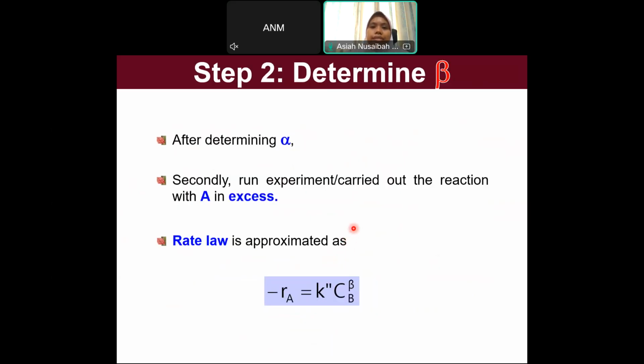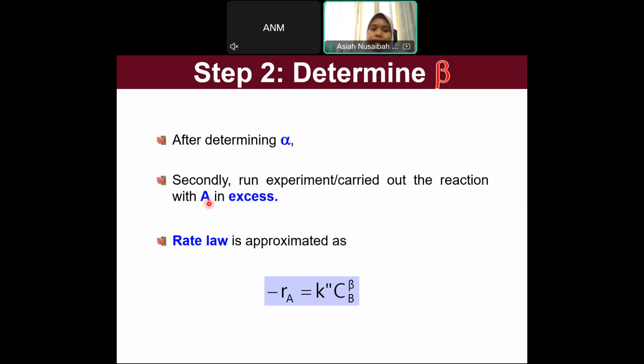Step 2. After we do the experiment, we determine alpha. We have skipped several steps in between: we do the differential method and we find alpha. After this, I'll show you how we do the differential method. So we already found alpha. In the second set of reactions, we're going to make A in excess.